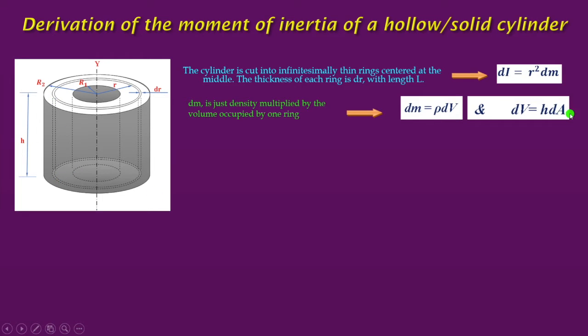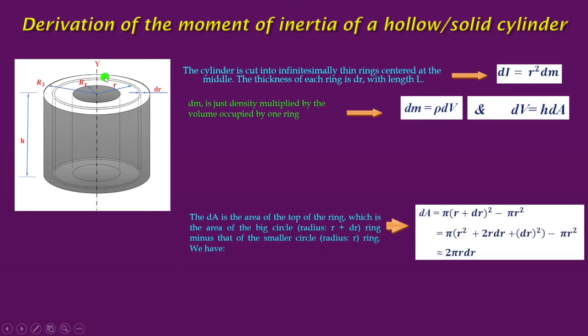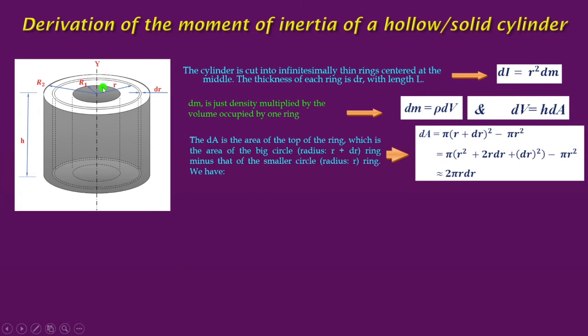So dv equals h dA, where dA is the cross section area of the ring. Now, how can we calculate the cross section area of the ring? Simply, at a distance of r, with dr as the thickness, it is 2 pi r into dr. Or we can calculate in other ways also.